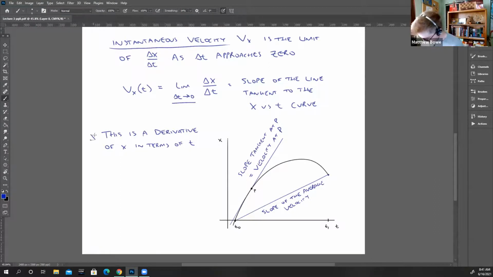To go back to my point about being a derivative, I can rewrite this equation above.